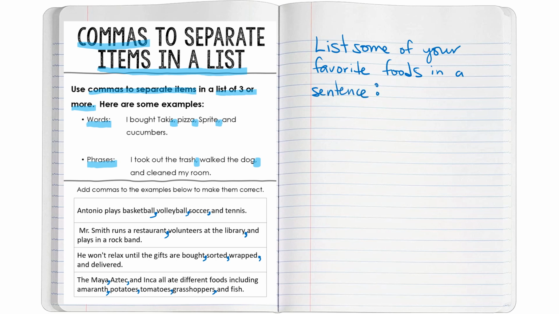And then I'm also going to ask you to tell what you would do on a Saturday if you could. Using these prompts, your job is to write sentences where you're going to use commas in a list.